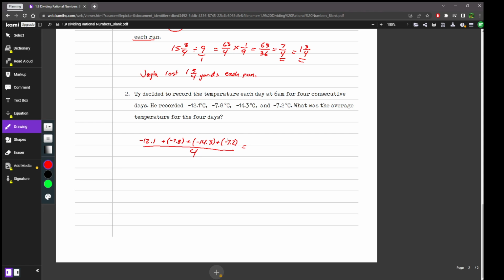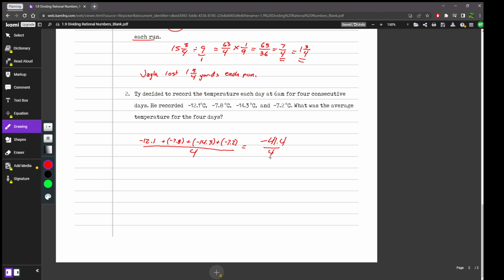Well, when I add all these together, we're adding a negative each time, so they're getting smaller. This ends up being negative 41.4. Okay, and then we carry over our 4 here.